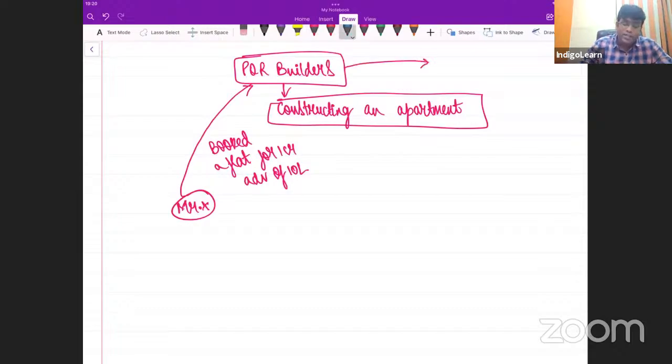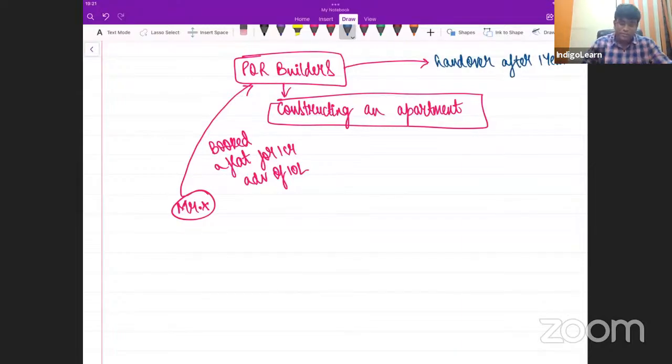And PQR Limited stated that we will hand over after 1 year, because the flat should get ready. It takes time for the apartment to get ready. But starting only, they keep collecting advances because they want money in the course of construction.